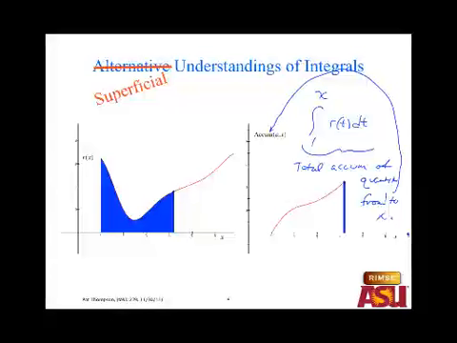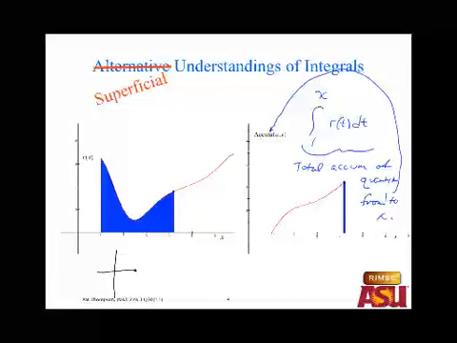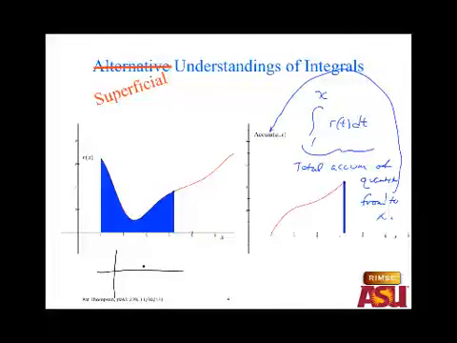Okay, so probably what we should talk about is what happens if our rate curve goes negative. We're going to go from 0 to 10 here. This is our rate.